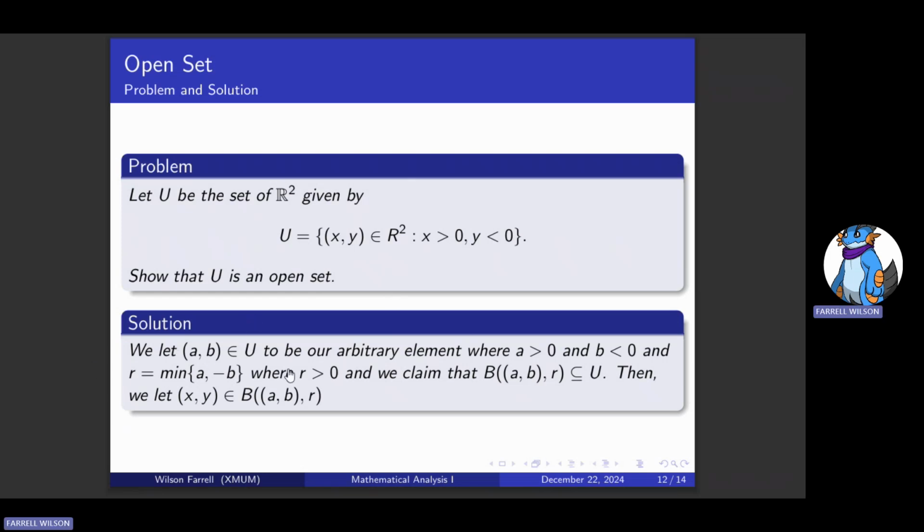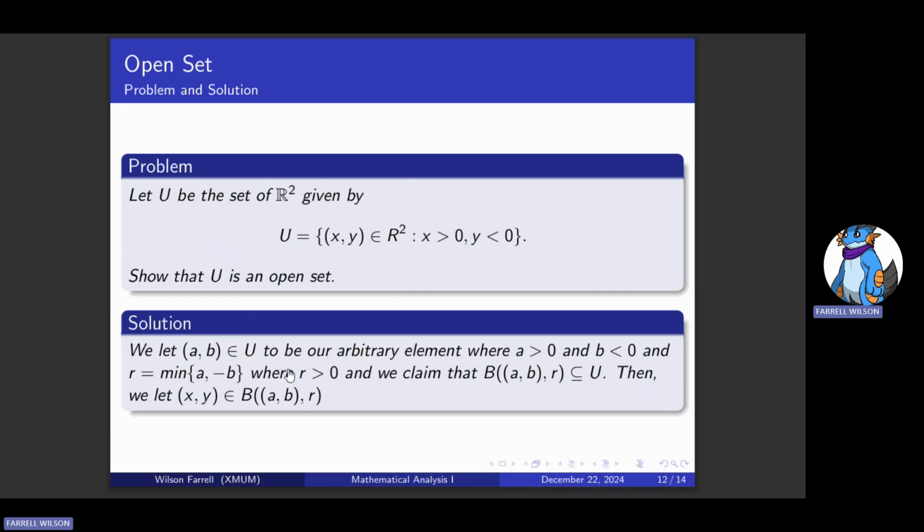For the solution, we let (a, b) in U be an arbitrary element, where a is greater than 0 and b is less than 0. Then we let r be the minimum of a and negative b, where r is greater than 0, and we claim that the ball B((a, b), r) is contained in the set U.